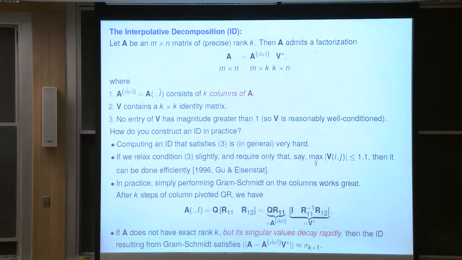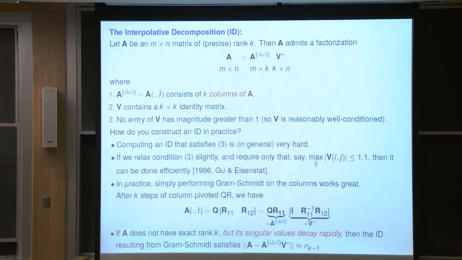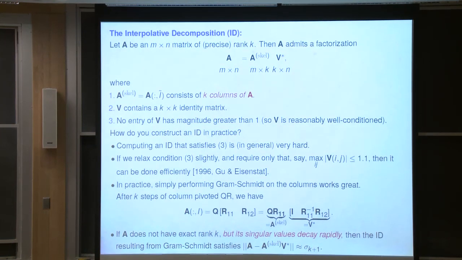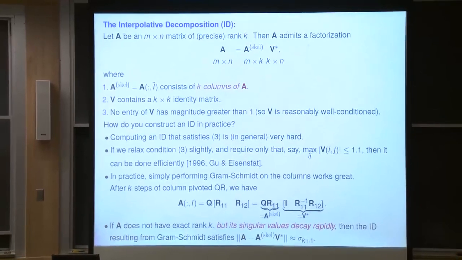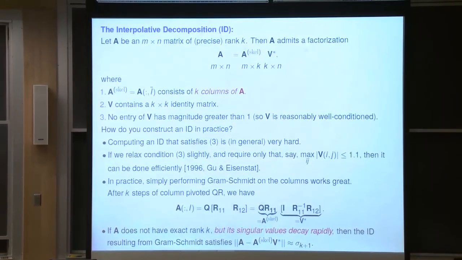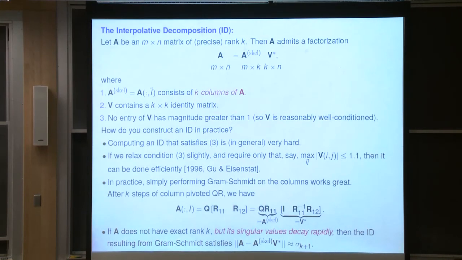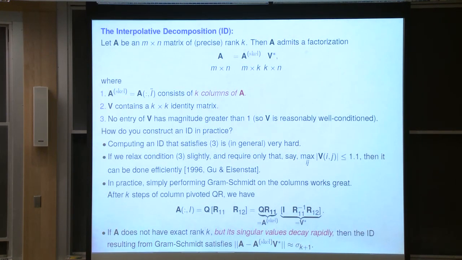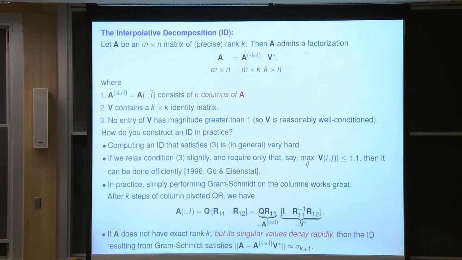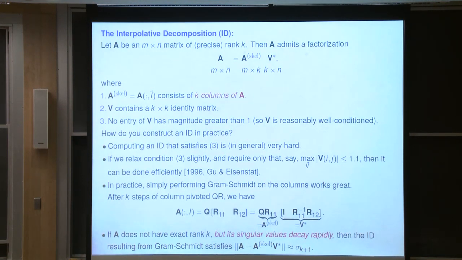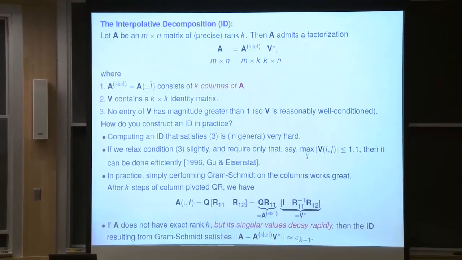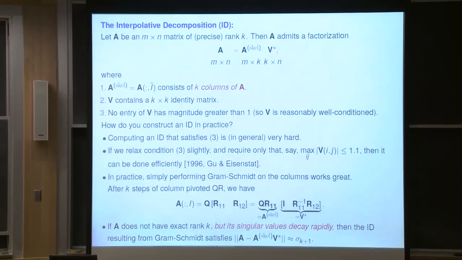Okay, and then something that we've been pushing, it's not a unique observation to us, but I think it's very underappreciated, is that for the most part, you really don't need these rank revealing QR factorizations. If you're just careful, then doing a classical QR factorization will give you really most of what you need. So the way that I always compute an interpolative decomposition is using some variation of classical Gram-Schmidt.